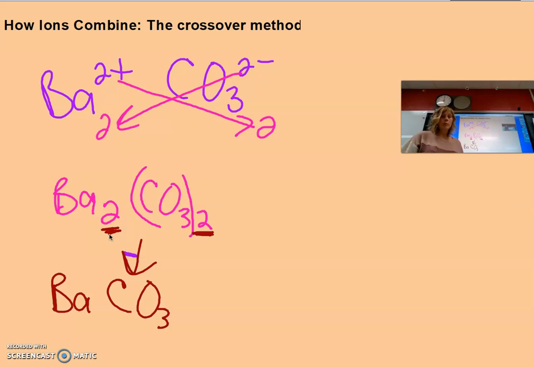Do not put parentheses where they're not needed. So for example, it is wrong for me to say, well, this is a polyatomic ion, I'm just going to always put parentheses around my polyatomic ions because then I'll never miss that step. You can only put parentheses where they're needed. You can't just put them there just because it's a polyatomic ion.